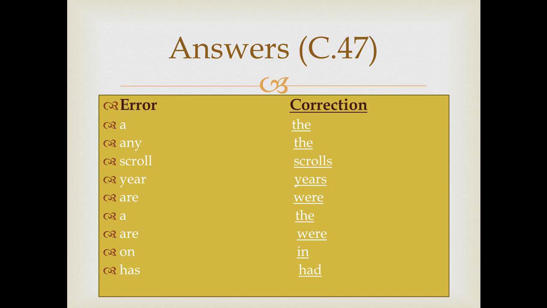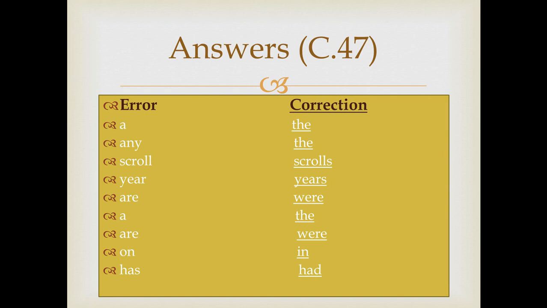Some of the scrolls, not scroll but scrolls. So we are going to replace it. Some of the scrolls are more than 2000 years old. Not year, but the correct word will be years. 2000 years old. They were discovered in the mid 1900s.